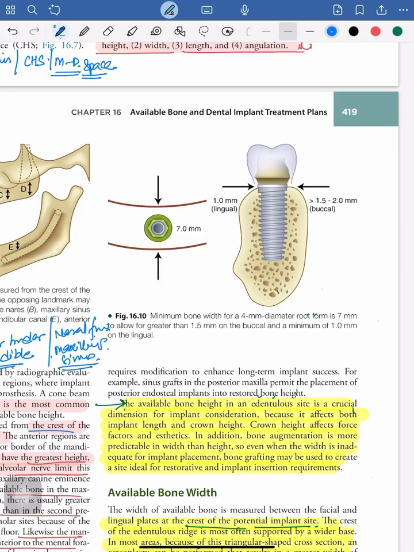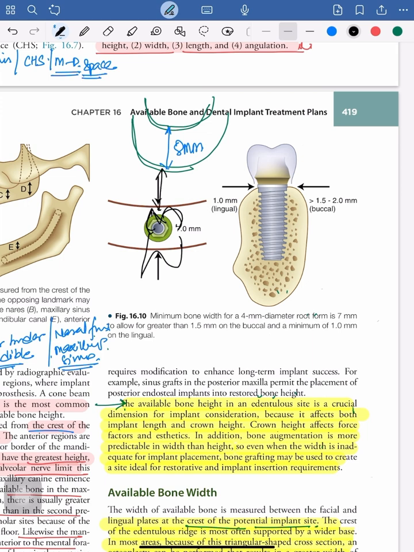So imagine a scenario. In the posterior maxilla, this is the crestal bone, and you have the maxillary sinus over here. The available bone is 8 millimeter. Now we take the opposing tooth.